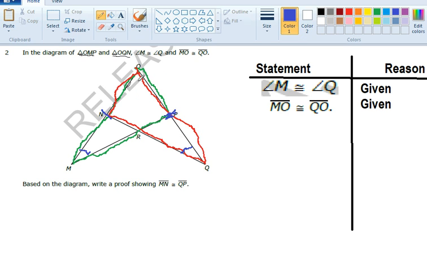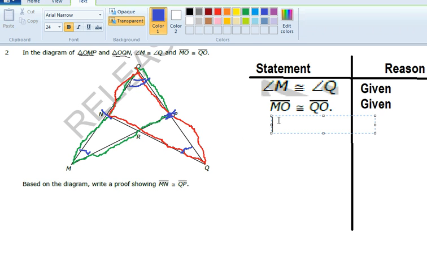Okay. Now we can also easily say that by the reflexive property, angle O is congruent to angle O. So that's going to be, after our givens, the first thing we put in our statement and reason. We're doing a two-column proof.